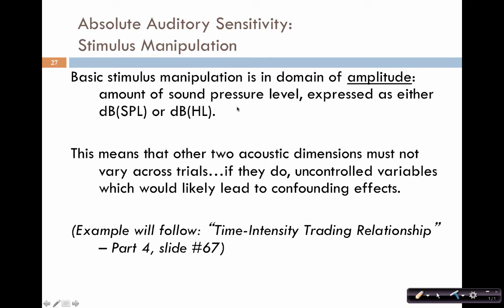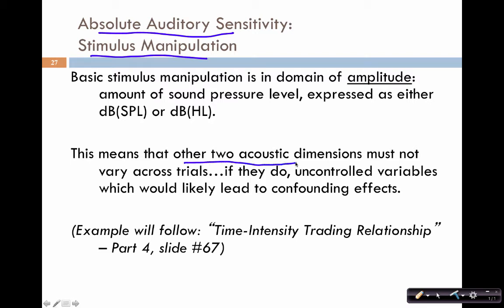When we think of the basic hearing test, or basic test of absolute auditory sensitivity, a test of absolute auditory sensitivity manipulates a stimulus. Now, we talked about acoustic signals having three characteristics: amplitude, frequency, and time. And fundamentally, what you have to do in order to establish and measure absolute auditory sensitivity is lock two of them down.